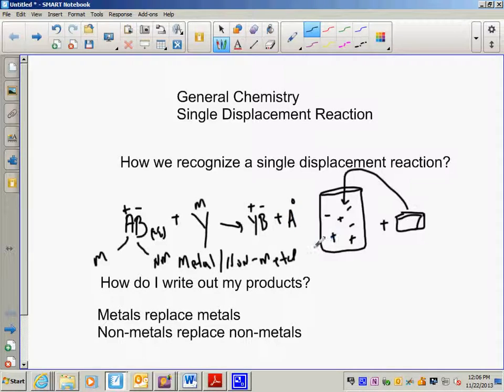There would be no charge. If it's a non-metal, then it would replace the non-metal. Very important: metals replace metals, non-metals replace non-metals. We'll see some examples of how this works as we move along.